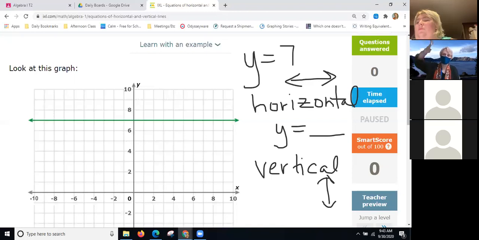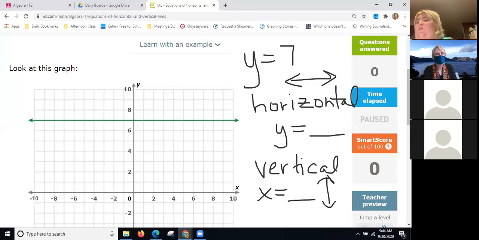So they're talking about how high off the ground they get, and so that's up and down. So this is going to be my x equals blank. It's the opposite way of what it goes, right? So y tells me about going up and down, but a y-only line goes across. X tells me go side to side, but an x-only line goes up and down.